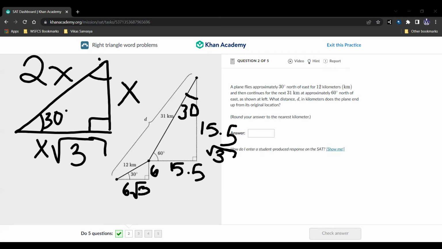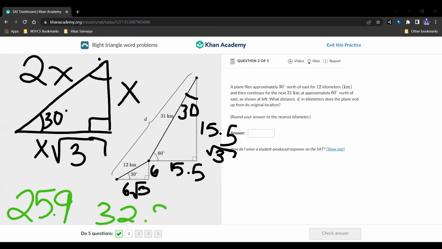So we have 6 times the square root of 3 plus the 15.5, which is going to be 25.9. And on the other side, we have the 6 plus the 15.5 square root of 3, which is going to be 32.8.